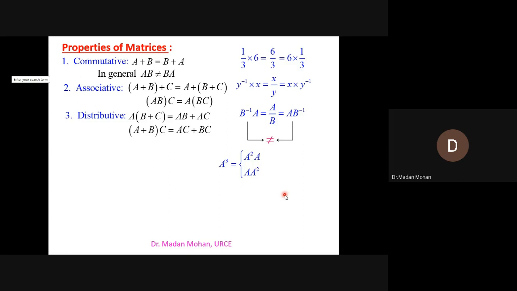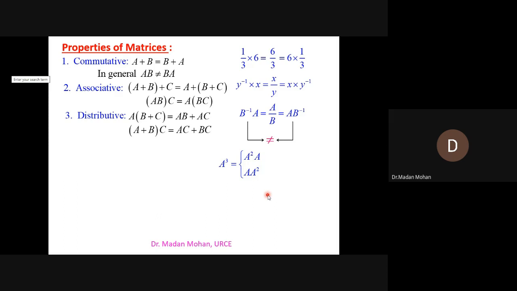I think your teachers have finished the first unit and the second unit also. When you are verifying the Cayley-Hamilton theorem, you calculate A square, A cube. When calculating A cube, after calculating A square, do you write A square into A or A into A square?